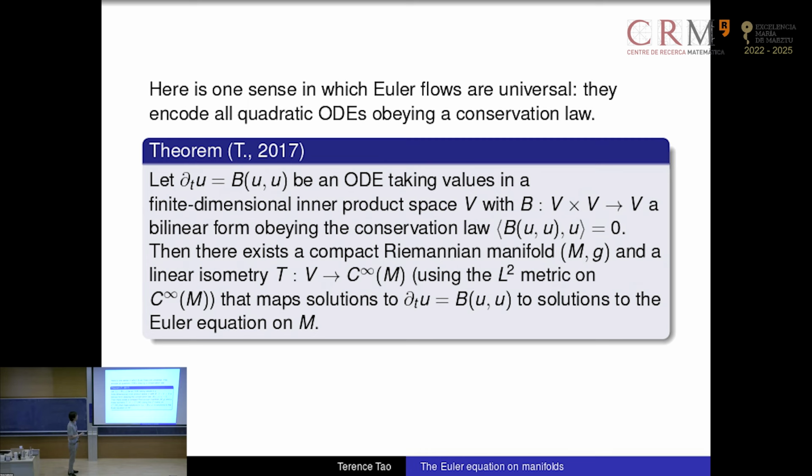But if you take one that obeys a conservation law, that B(u,u), the quadratic form, is always orthogonal to u, that's energy conservation, then you can embed this dynamics into the Euler dynamics of some manifold. You can find a manifold depending on B, and a way to identify vectors in your vector space with divergence-free vector fields on your manifold, so that this is just the Euler dynamics.